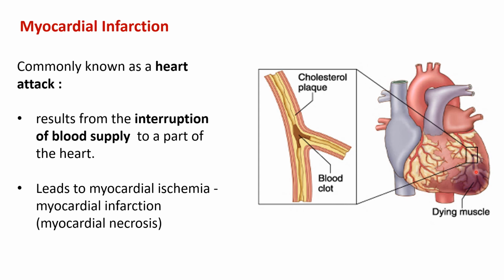You can see here, there is a block, a clot could be there, or the plaque formation in the vessel is so much that blood cannot flow from the proximal to the distal part of the coronary arteries. So this leads to myocardial ischemia. Obviously the blood supply is not there to the myocardium, which leads to myocardial infarction, which is also myocardial necrosis. The death of the myocardium, which is not getting blood, will occur.